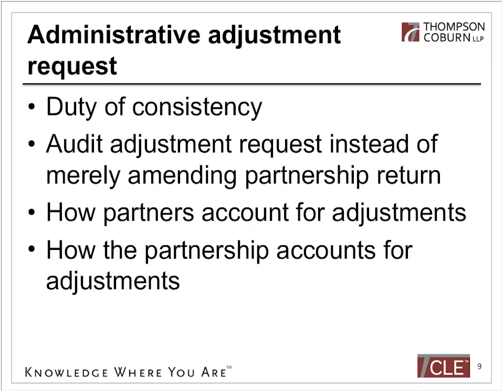I mentioned that instead of amended returns, we have this administrative adjustment request. So the partners do have a duty of consistency. So when the partnership files its administrative adjustment request, the partners are required to amend their returns to make it consistent.